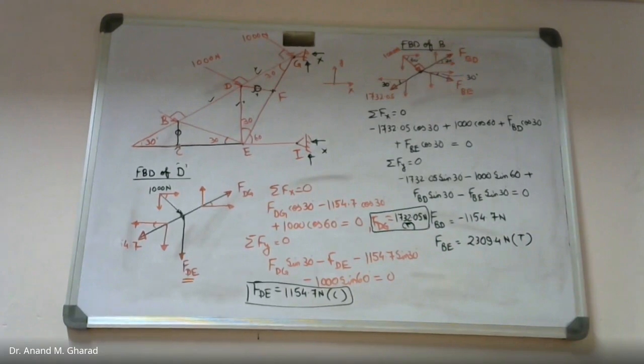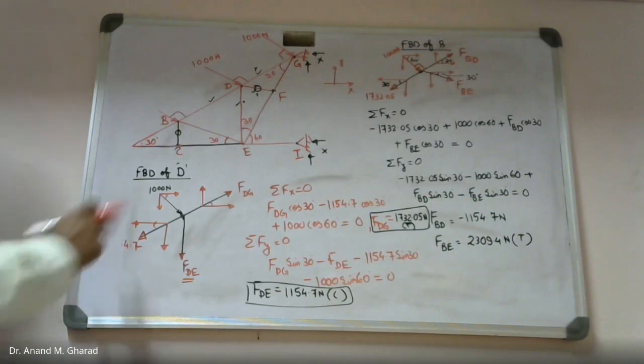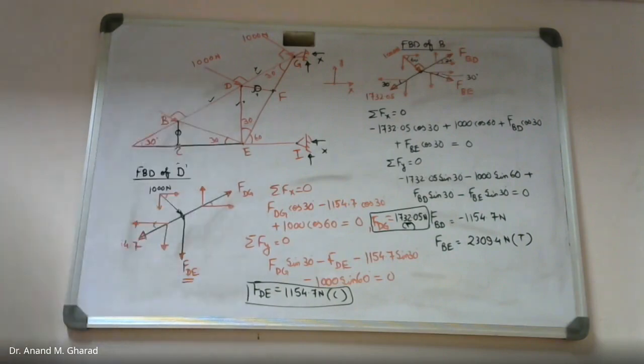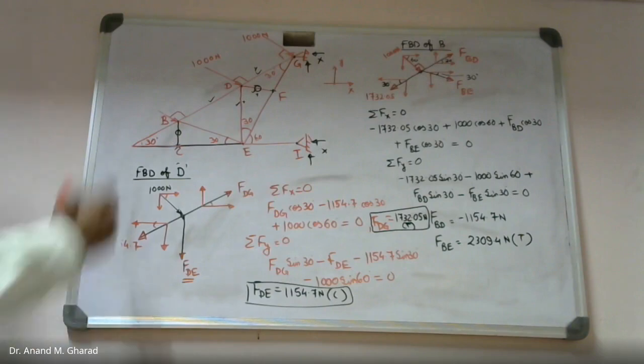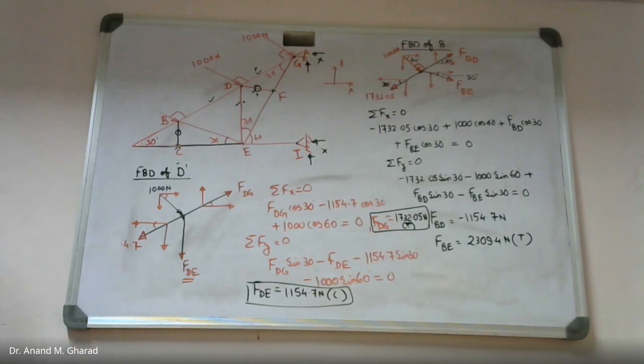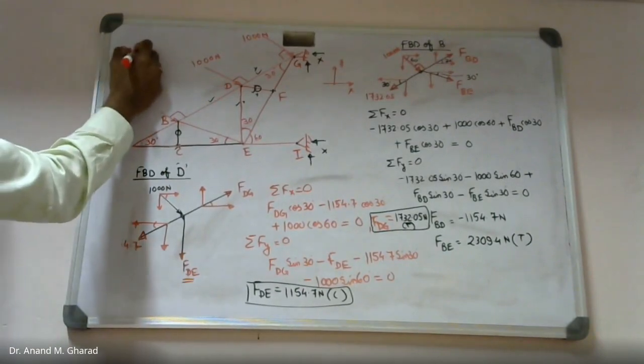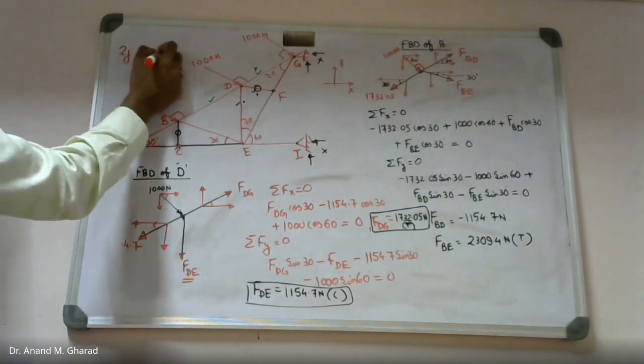Do you remember the equation in order to determine whether the given truss is determinate or not? So, 2j is equal to m plus r.